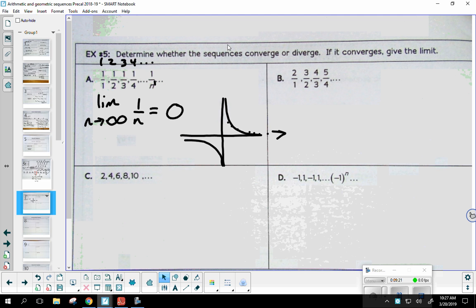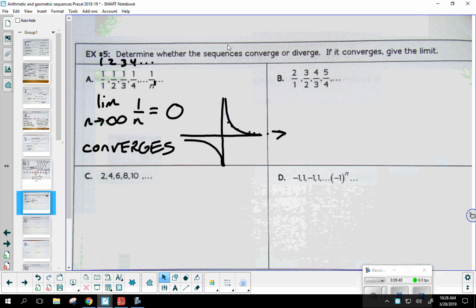So you'll notice as x gets bigger, it is getting closer to what? The x-axis, 0. So the limit does exist. We are approaching a specific number. So what would you say? Does it diverge or does it converge? This one converges. Okay, there is a limit, so it converges.